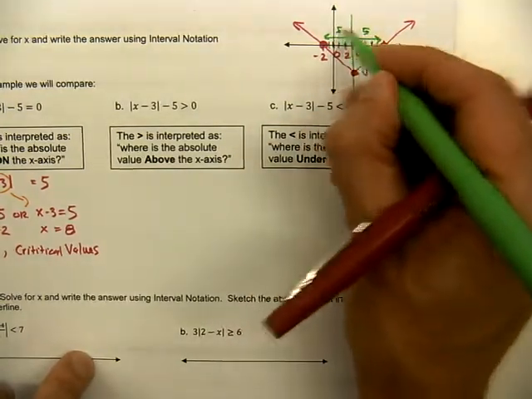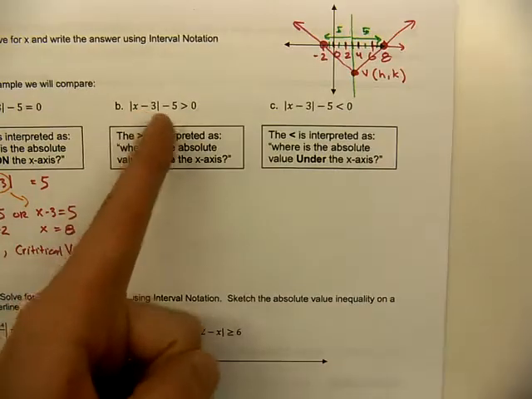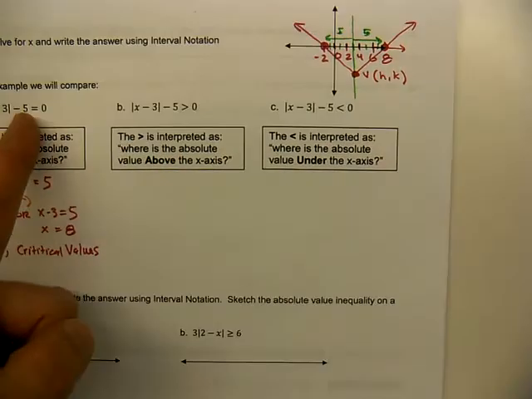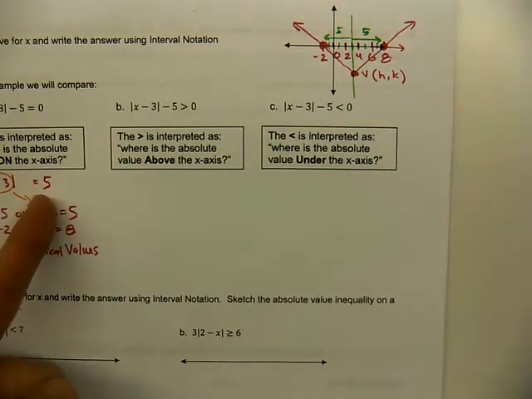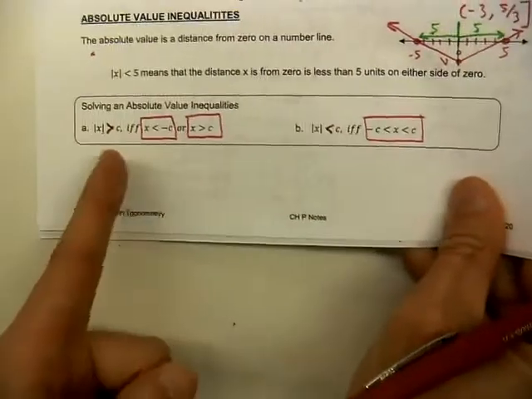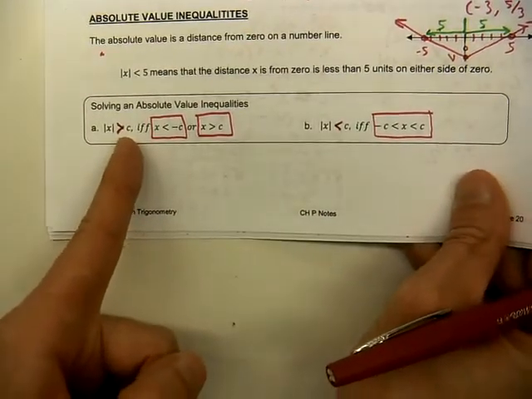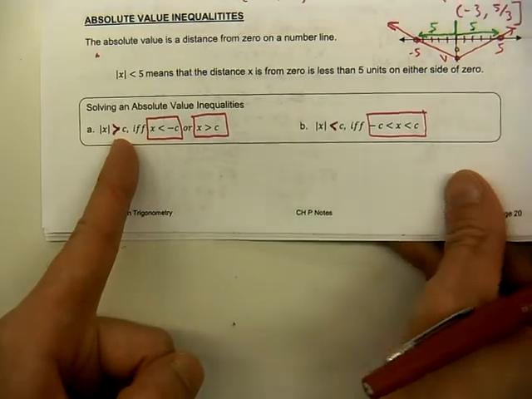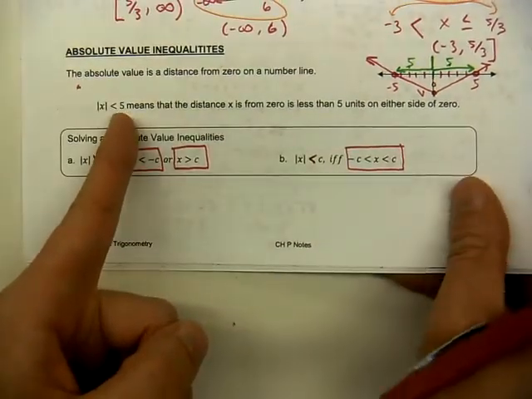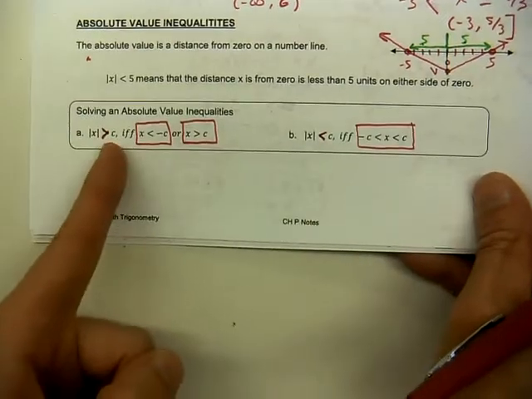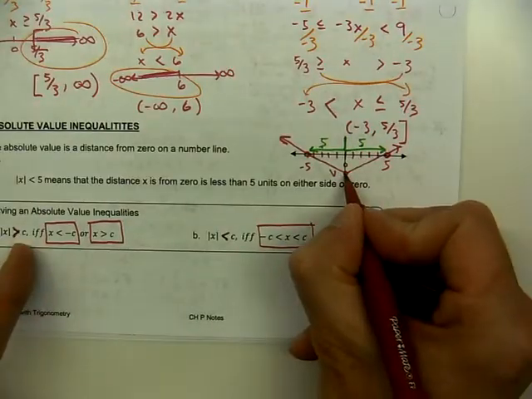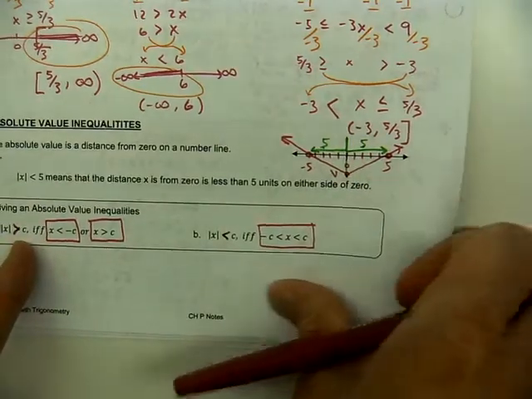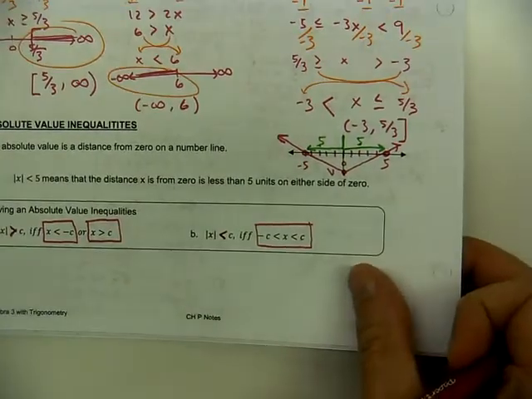So notice that 5 of distance is showing up right here. That's the number that we see. There it is. We called that the letter C on the previous page. So that letter C is the distance. We've seen that here before. That value that we're calling C, that is the distance from the vertex to the critical value, the x-intercept.